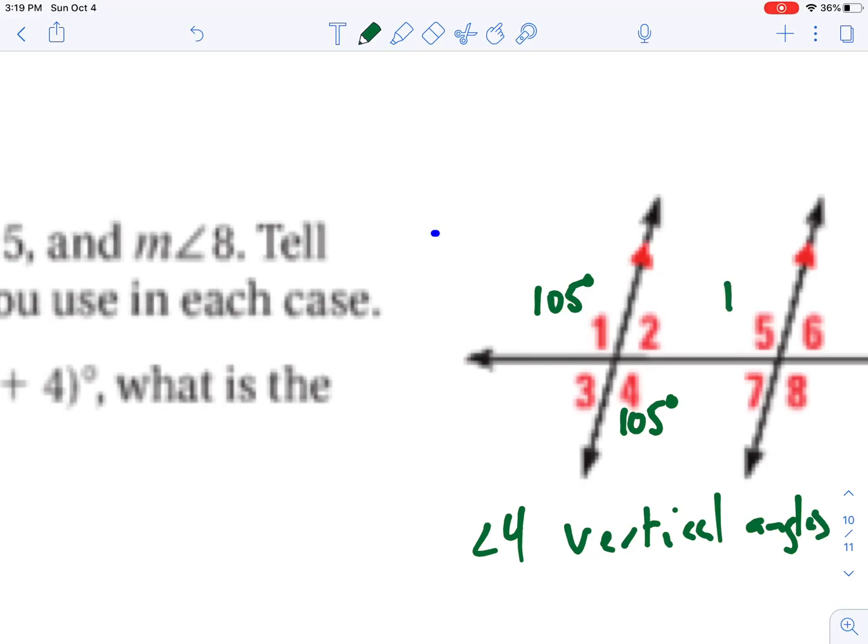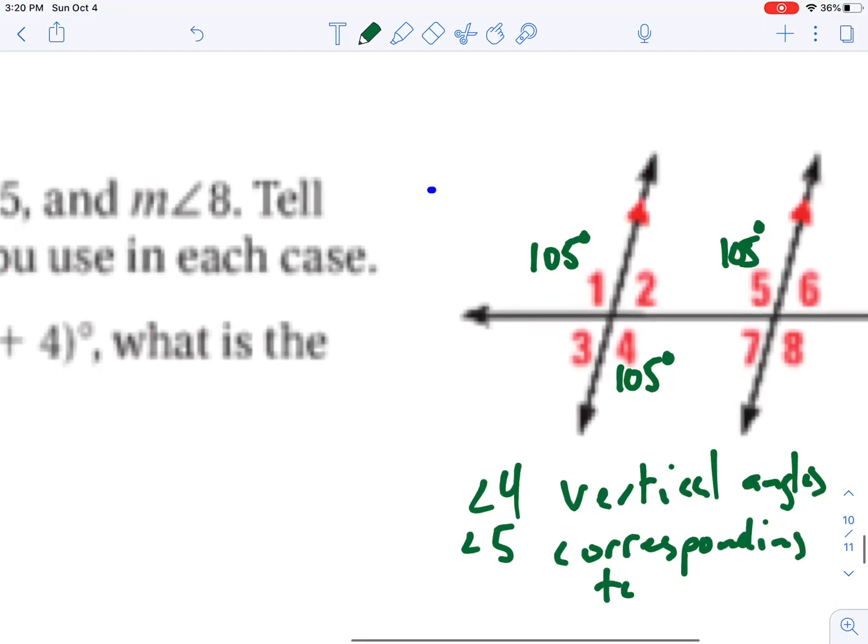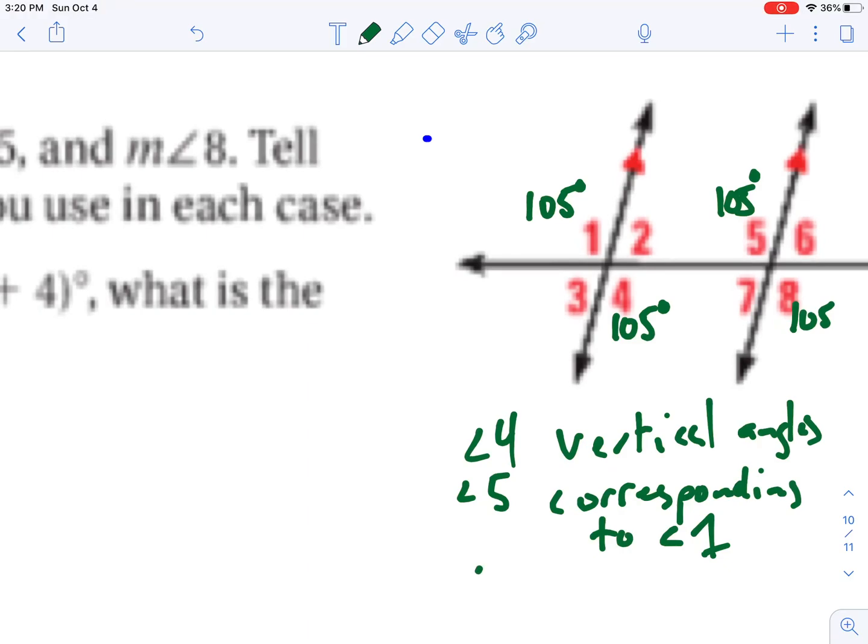Angle 5 would be 105 degrees because it was corresponding to angle 1. And finally, angle 8 would be 105 degrees because it is the alternate exterior angle to angle 1.